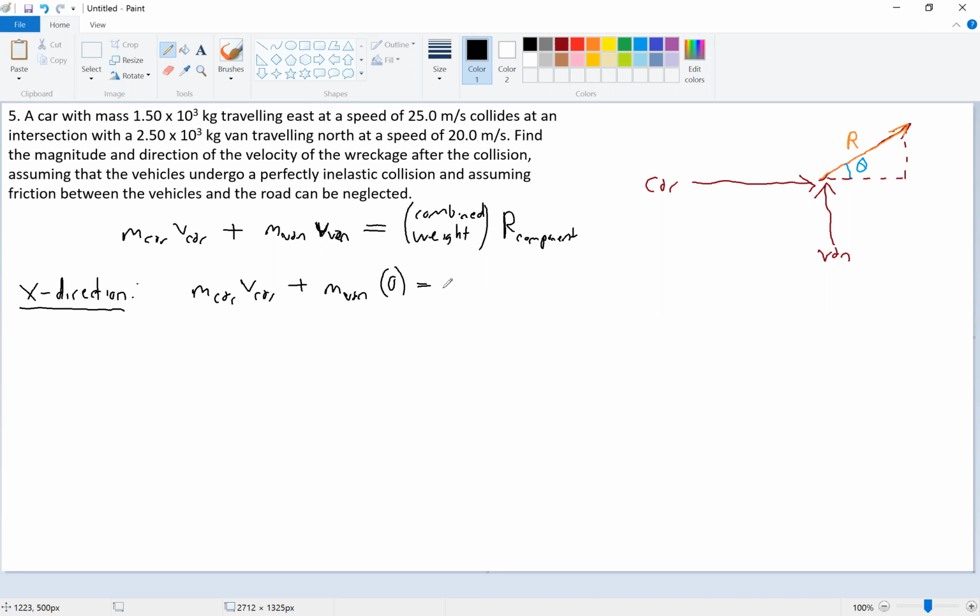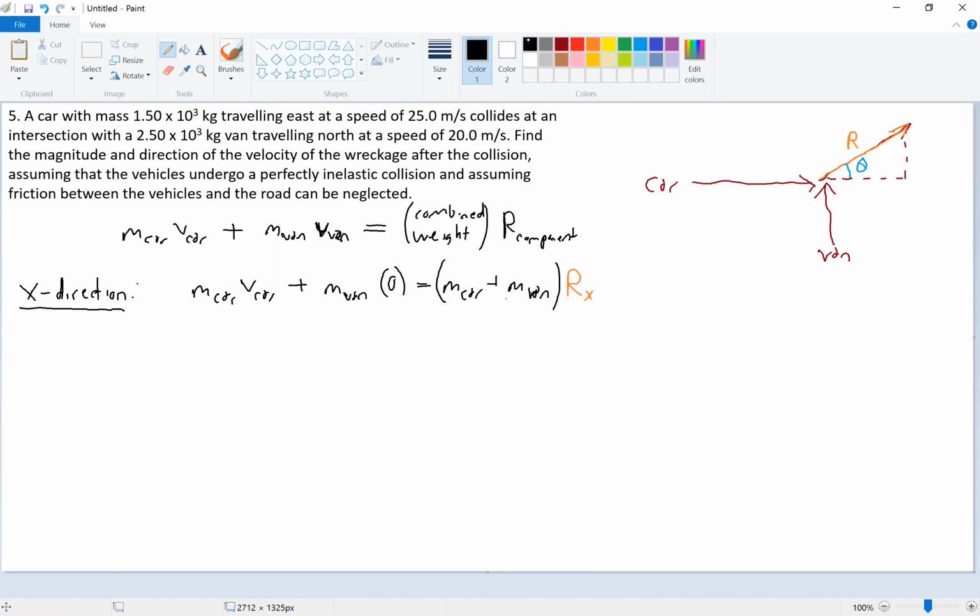And then we've got mass of car plus the mass of the van, and that's just one big combined thing. And then we're considering the X direction, so I'm going to call this Rx.